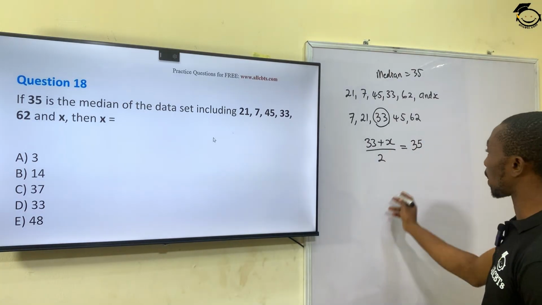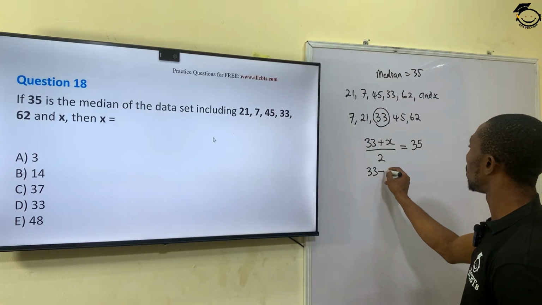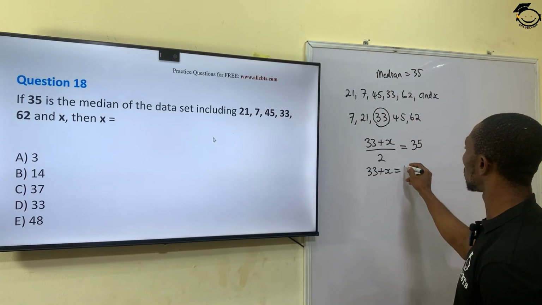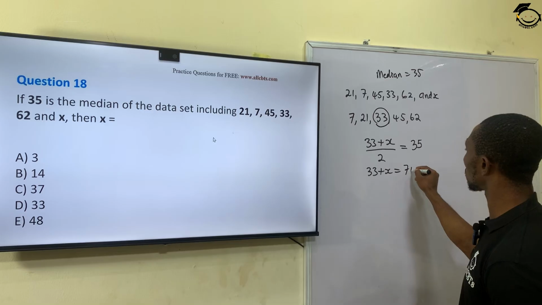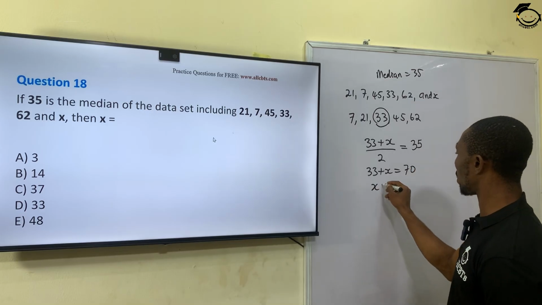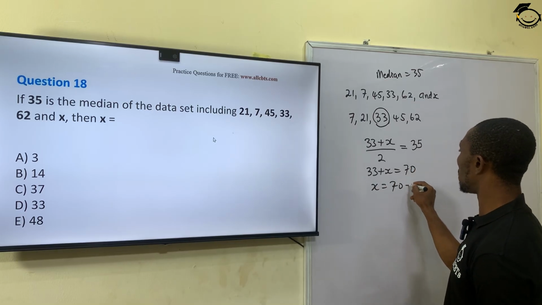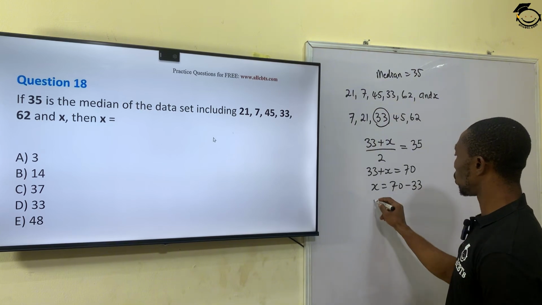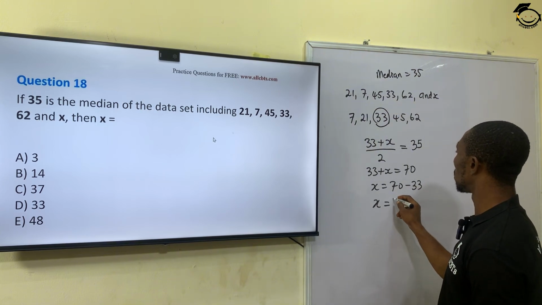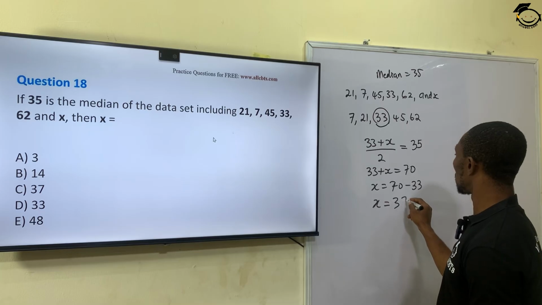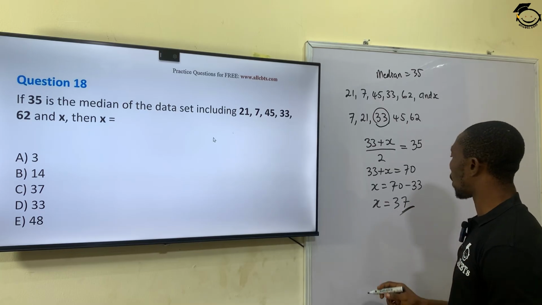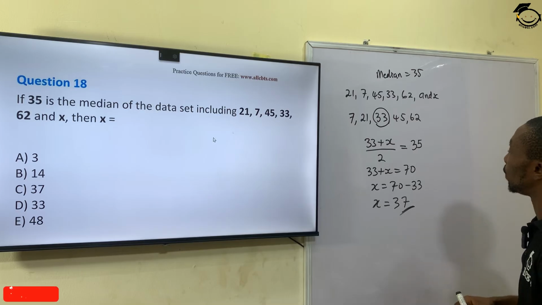So cross multiplying, this gives us 33 plus x equals 35 times 2, which will give us 70. So our x would be 70 minus 33, which will give us x equals 37. So the value of our x would be 37.